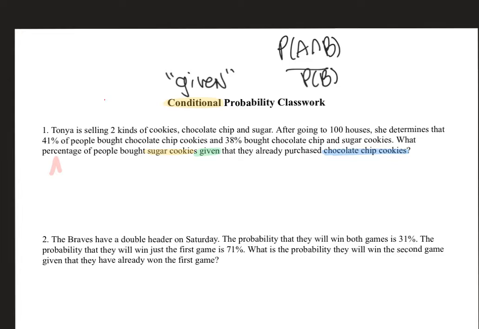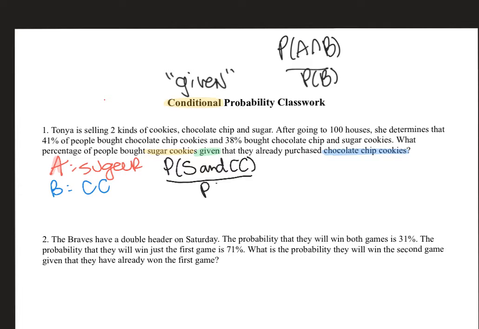I'm going to say A is my sugar, and B is my chocolate chip. So my formula should be the probability of sugar and chocolate chip divided by the probability of chocolate chip.